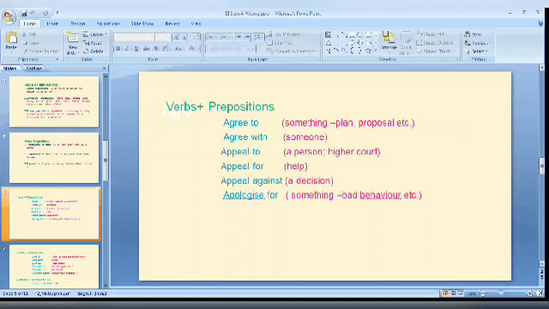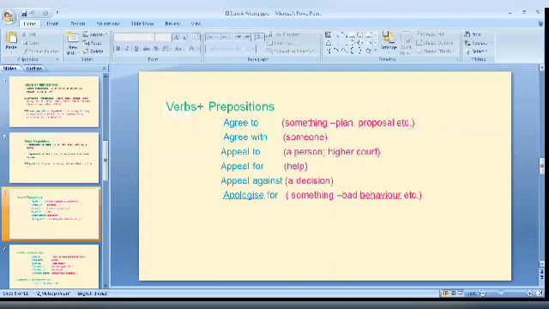This combination, appeal to, is generally used for appealing to a person, or sometimes in the judiciary process, appealing to the High Court. If a person thinks that he did not get an appropriate verdict, he may appeal to the High Court. So appealing to a person, appealing to a court.